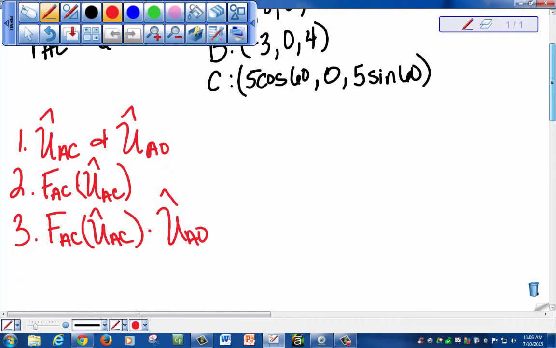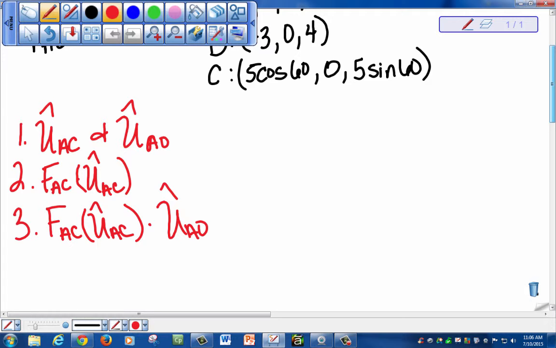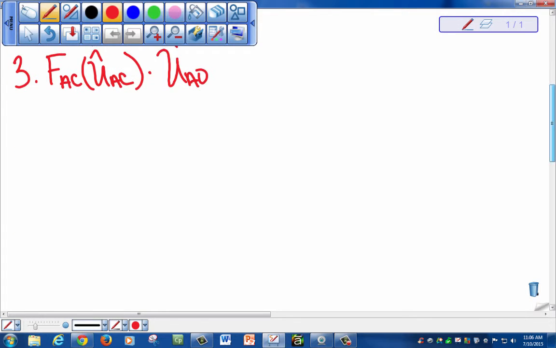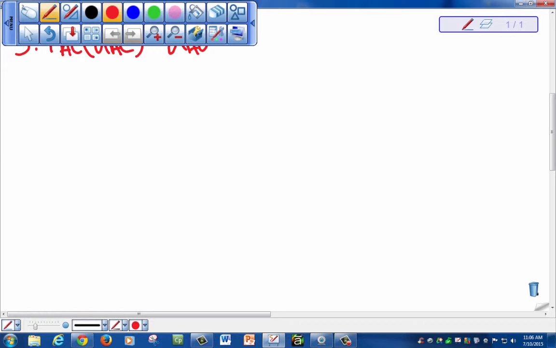Now, step 3, we're going to actually put these formulas into use. We're going to start off with AC. So, AC is going to equal, and remember, whenever we're trying to find the new location of these points, we always read from left to right.